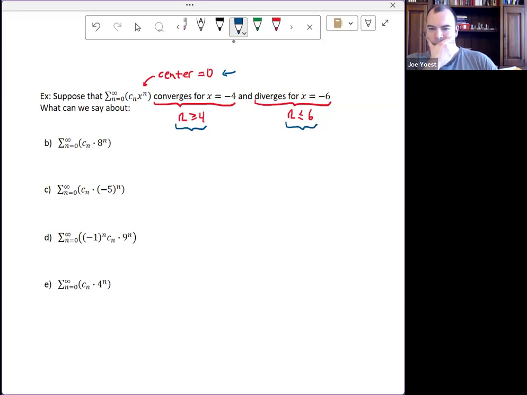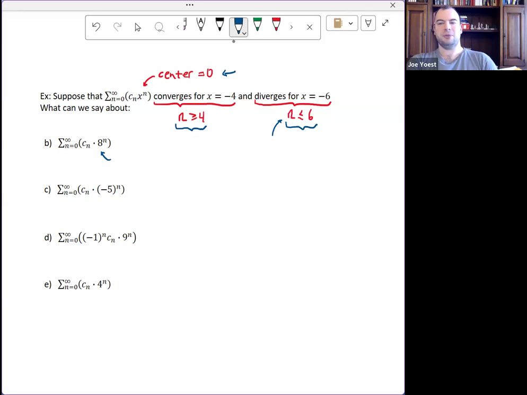Okay, so let's look at, I suppose, part B here. Sum n equals 0 to infinity, c_n times 8^n. Does this converge or diverge? Well, if this converged, I see that 8 is 8 units away from the center of 0.